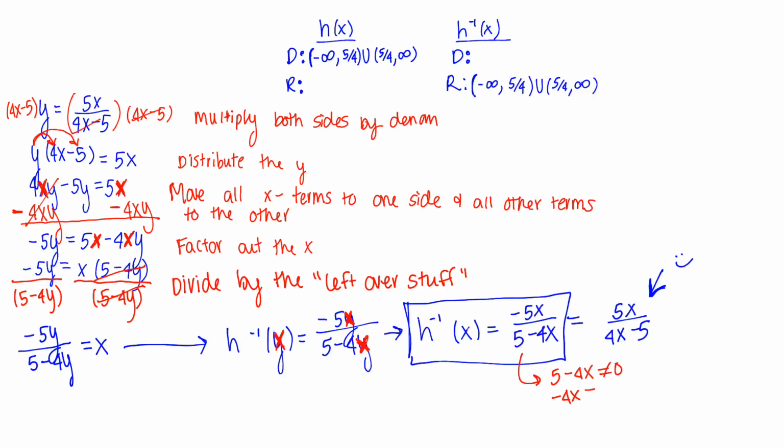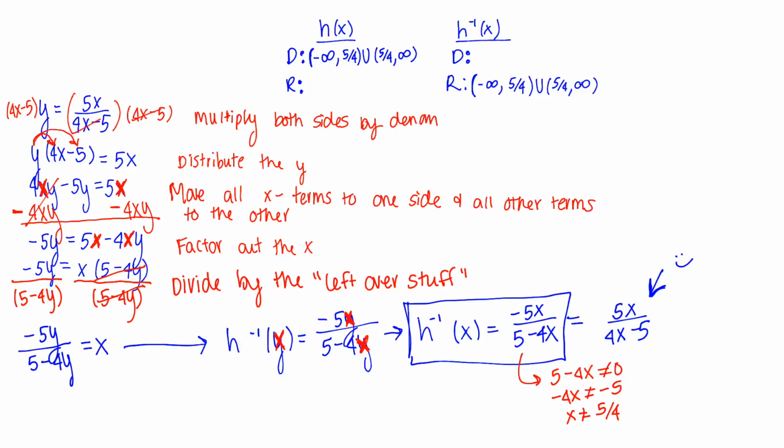Negative 4x cannot be negative 5. Dividing by negative 4, x cannot be 5 over 4. So coincidentally, and this doesn't always happen, I just didn't do a good job of choosing an example, apparently, both of these had 5/4 as a value that they couldn't use.